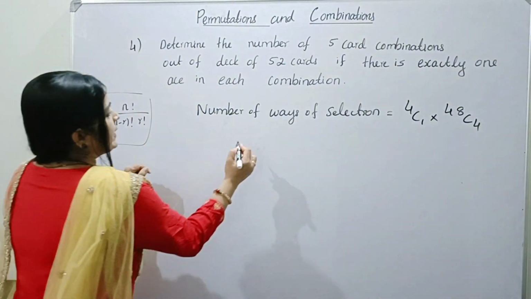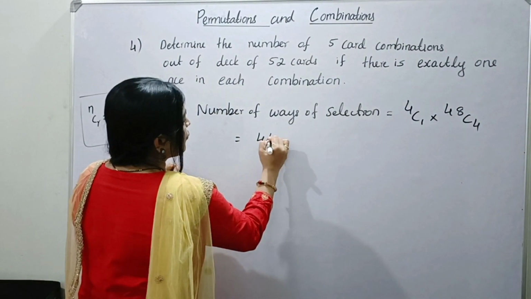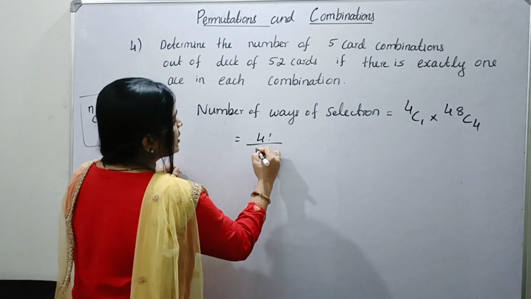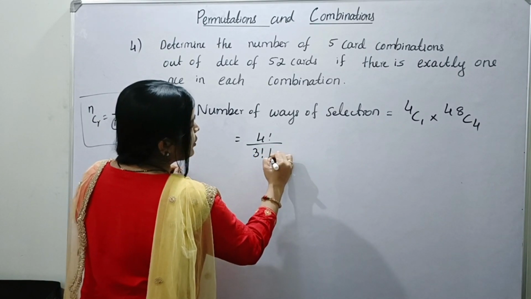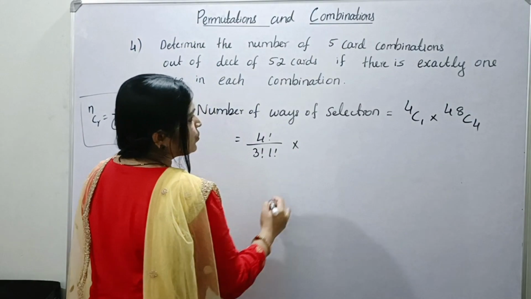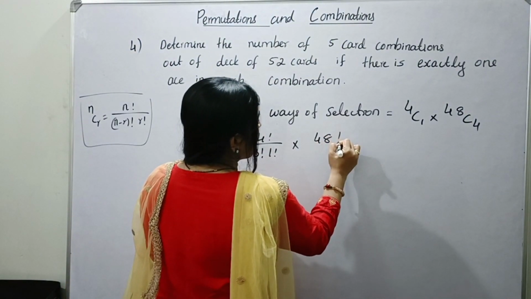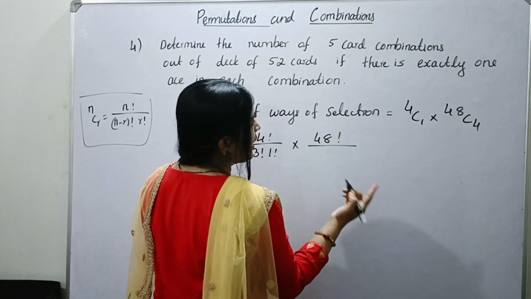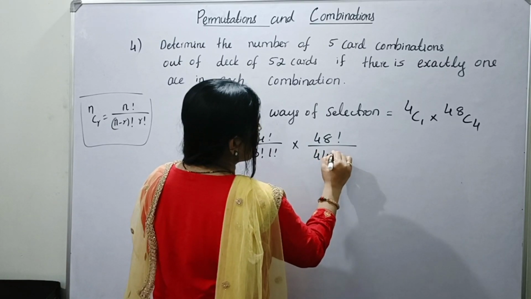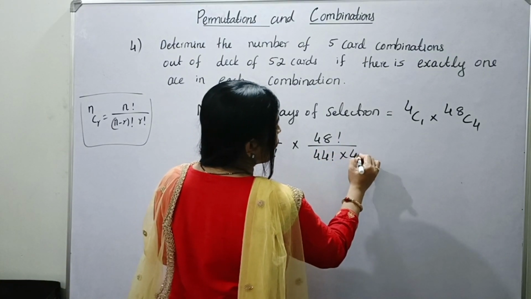That is 4C1, 4 factorial divided by 4 minus 1, that is 3 factorial into 1 factorial, into 48 factorial divided by 48 minus 4, 44 factorial into 4 factorial.